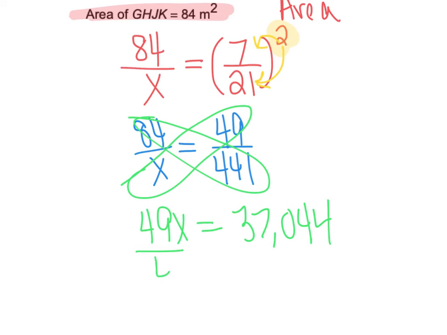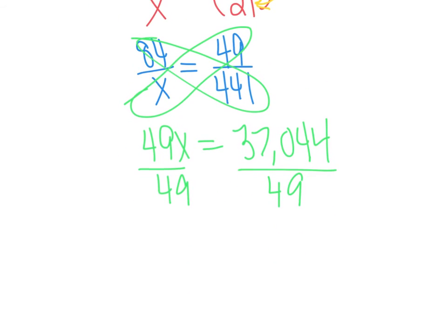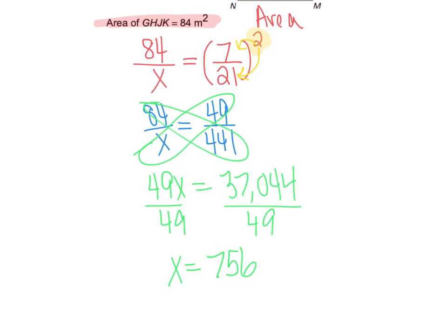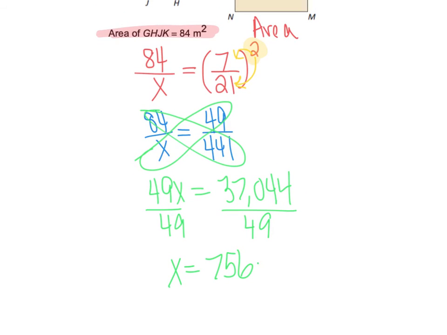Go ahead and divide by 49 on both sides, and we should get 756. And what are our units? Well, let's go back and see. Meters, so anytime we're in area, it would be meters squared.